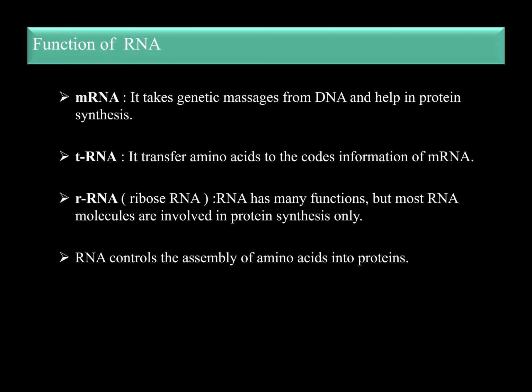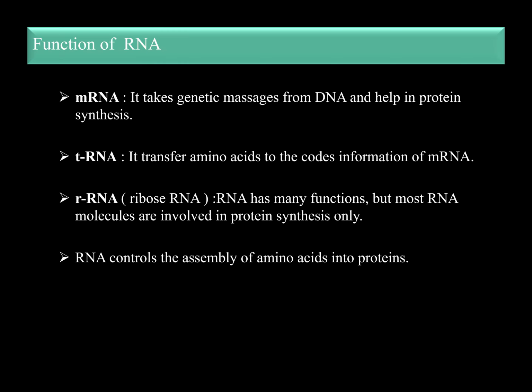Now we study the function of different RNA types. mRNA is messenger RNA. It carries the genetic message from DNA to the ribosome and helps in protein synthesis. tRNA is transfer RNA. It brings amino acids to the ribosome according to the code written in mRNA. rRNA is ribosomal RNA.